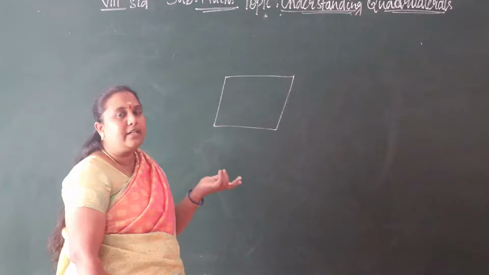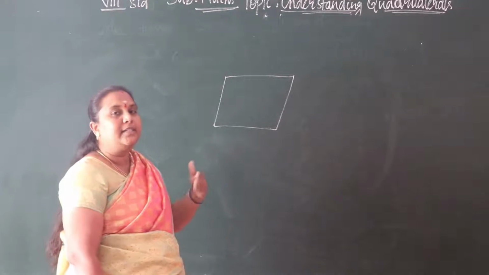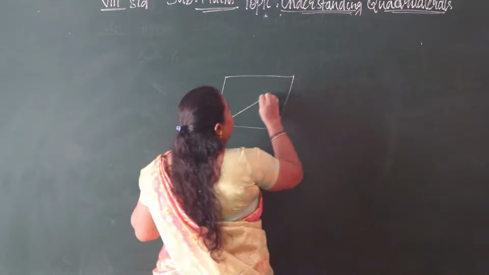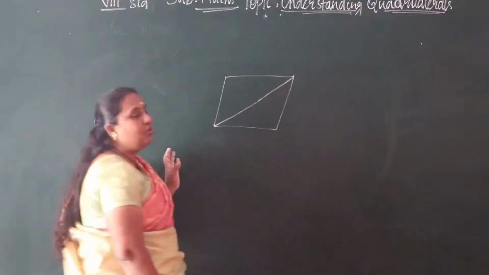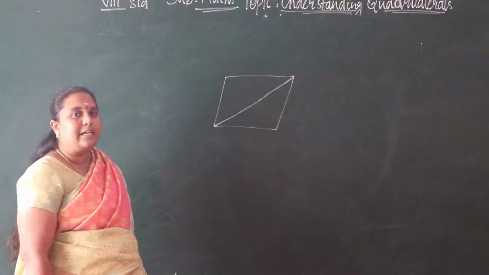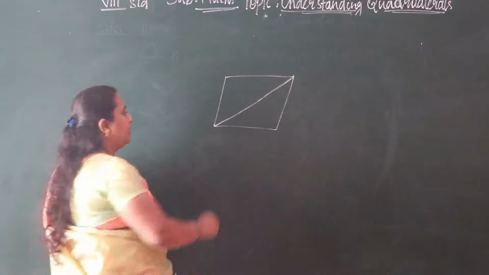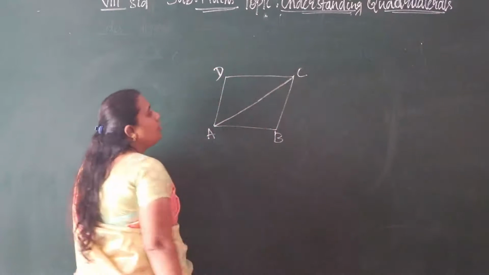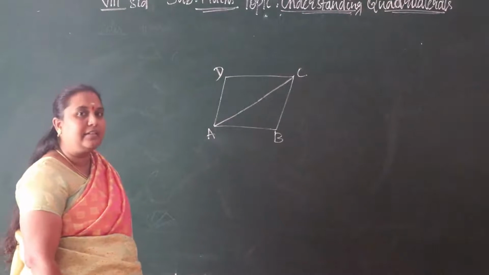In any quadrilateral we can draw a diagonal. Joining the non-consecutive vertices by a line segment, we call it a diagonal. So A, B, C and D. We are joining AC. That is a diagonal.